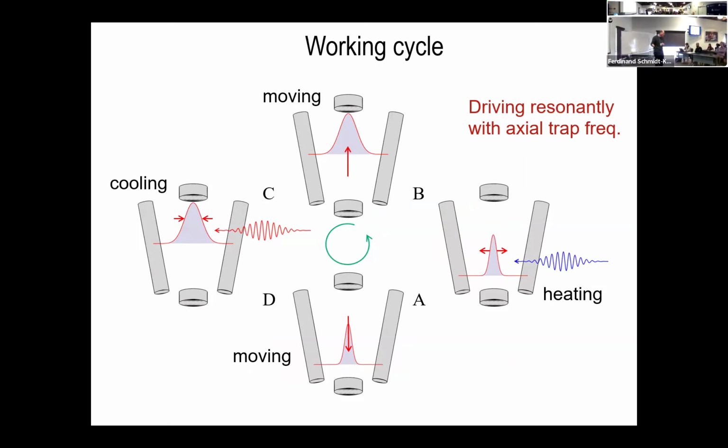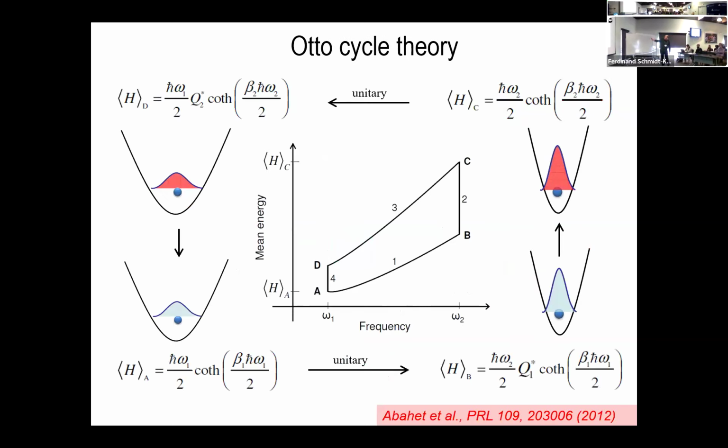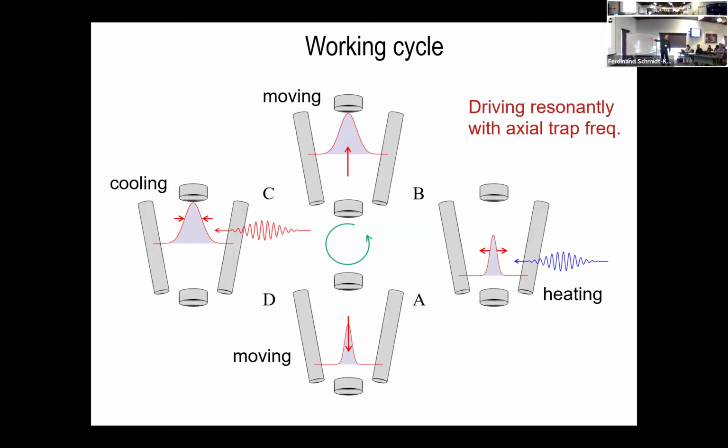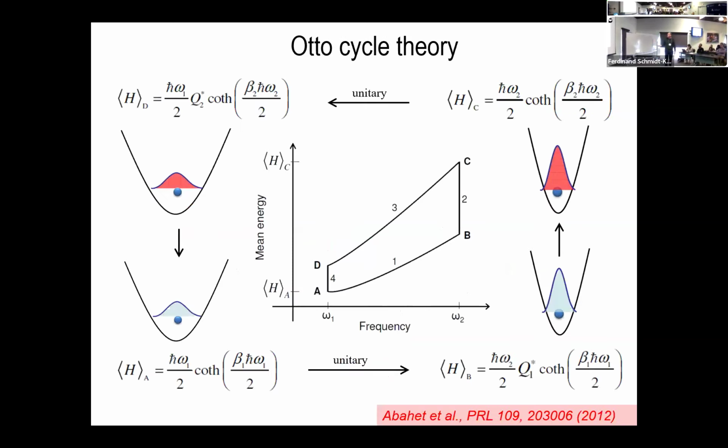That is the challenge here, because this axial motion is in the range of a little bit less than a few hundred kilohertz. So you have to do really fast cooling and heating, otherwise it doesn't work. And you do this driving exactly in resonance with the axial trap frequency, because then you resonantly enhance the process.